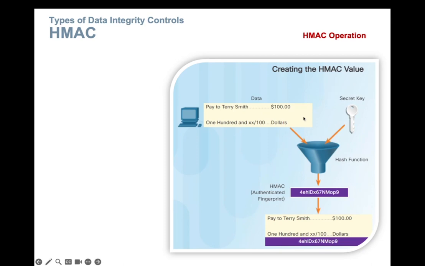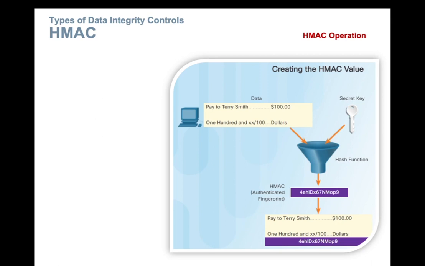These two, the data and the secret key, are given as input to the HMAC algorithm. The sending device inputs the data along with the secret key into the hashing algorithm and calculates a fixed length HMAC digest, or fingerprint.